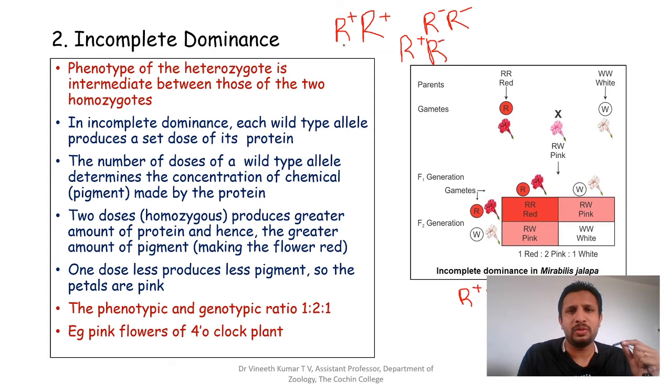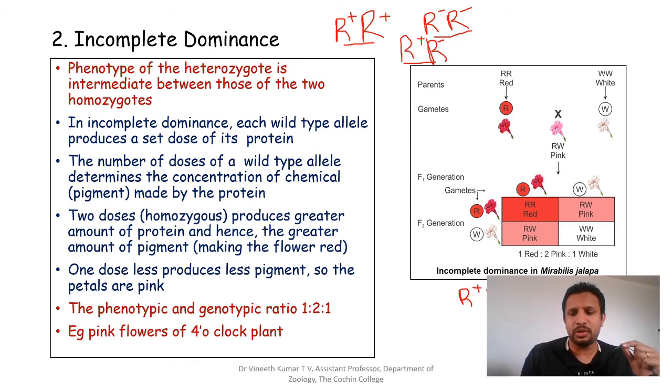So this one will be your red parent, this one is the white parent, and this one is the heterozygote. When you write the example, you can code these alphabets so that there is no confusion regarding whether it is an allelic interaction or non-allelic interaction. This one is definitely an allelic interaction.